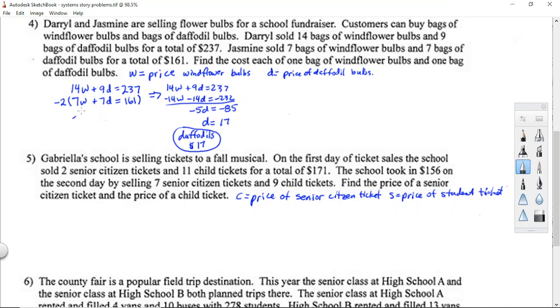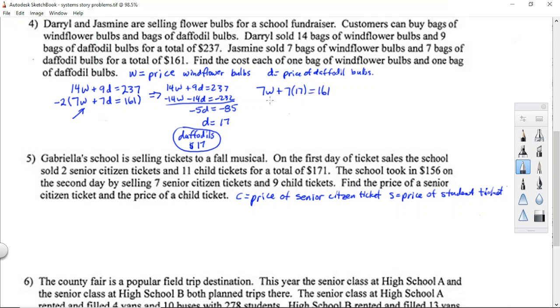So we will use this bottom equation over here, and we'll have 7W, we want to solve for W, plus 7 times D, but D is 17. So all I'm doing is rewriting this equation, 7W plus 7D, but plugging in 17 for D equals 161.